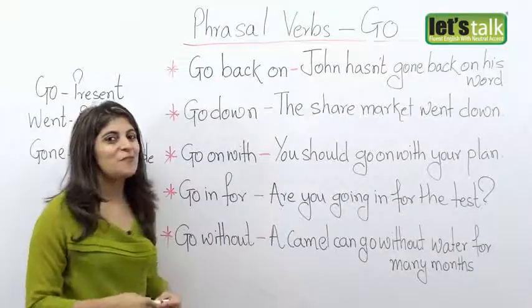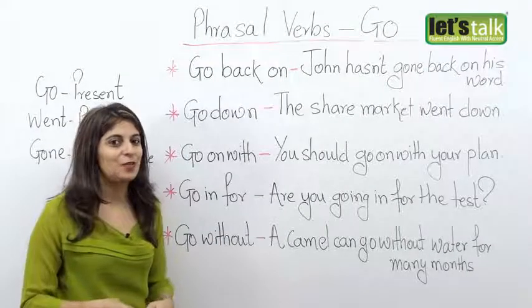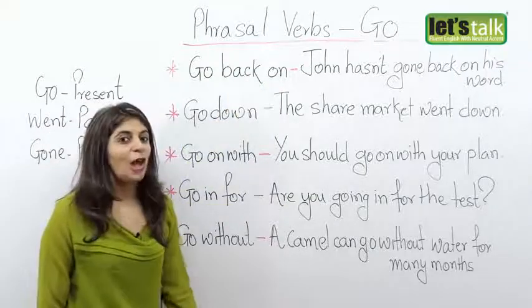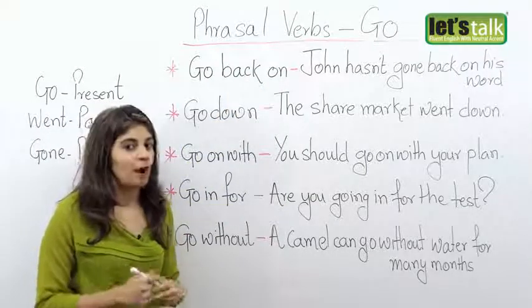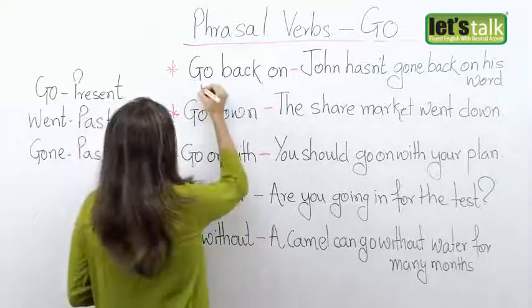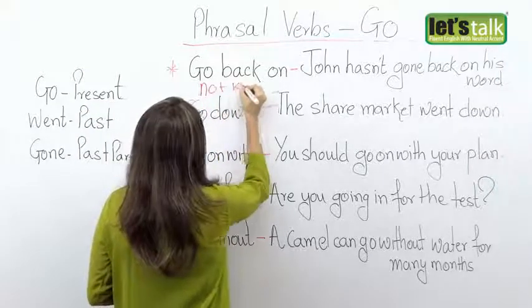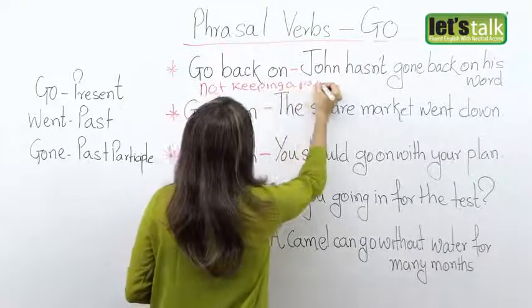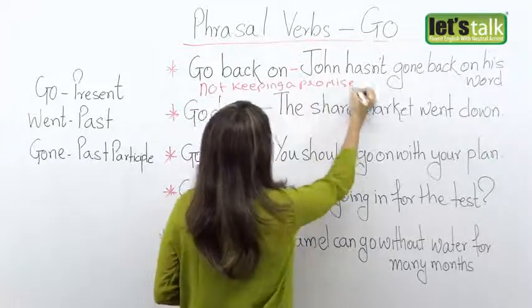Now here we have some more phrasal verbs for you, starting with the word go. We have go back on. Now go back on means not keeping a promise or not keeping up your word.